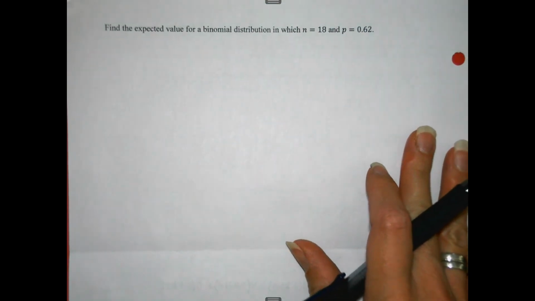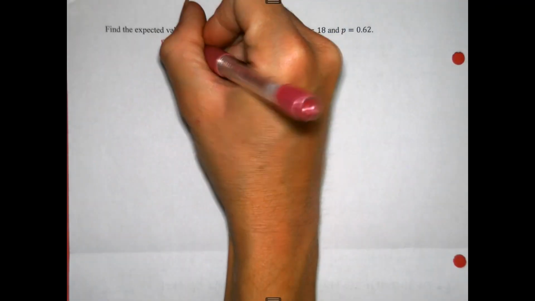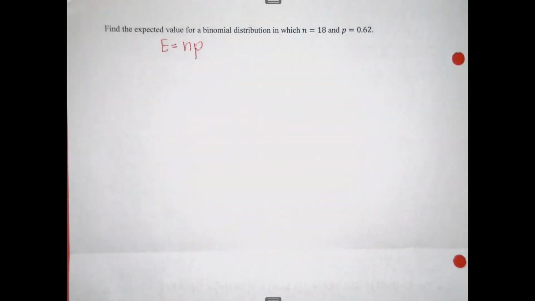Our last question here says to find the expected value for a binomial distribution in which n is equal to 18 and p is equal to 0.62. Our expected value, since this is binomial, is n times p.